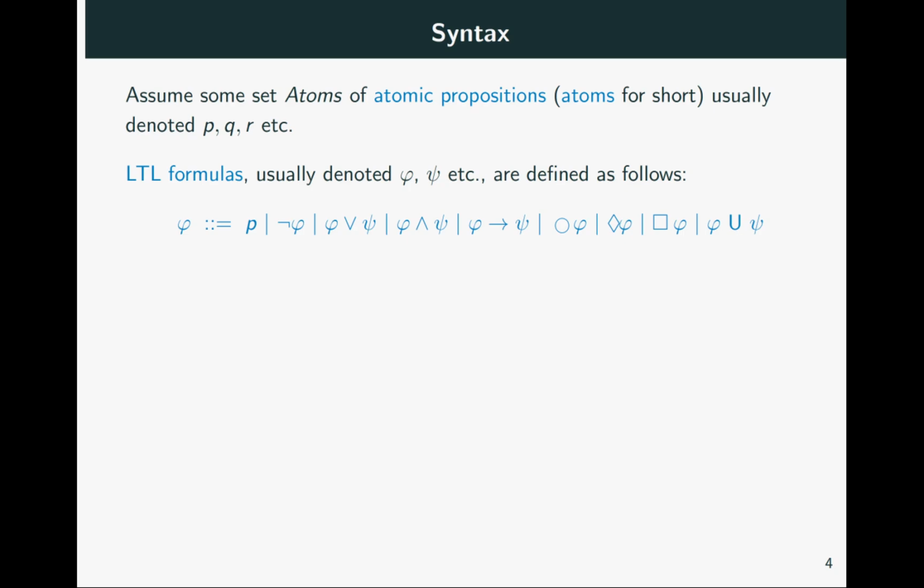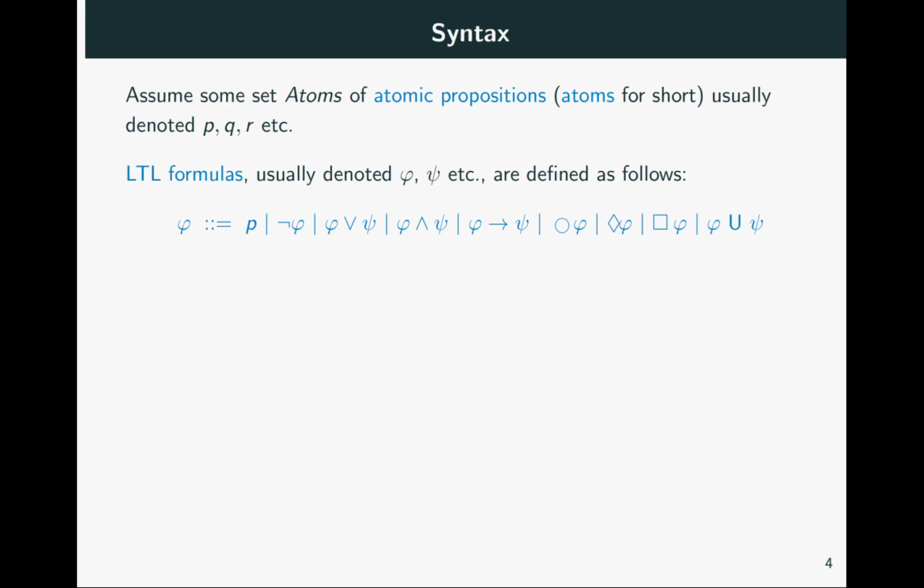This is the usual BNF style definition, meaning that formulas are defined recursively as follows. Any atom is a formula. If phi is a formula, then not phi is a formula. If phi is a formula and psi is a formula, then phi or psi is a formula, and so on. In particular, if phi is a formula and psi is a formula, then phi until psi is again a formula.